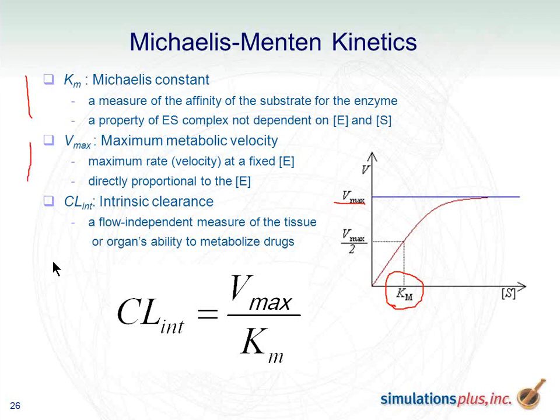Next we have the maximum velocity, Vmax, which is the maximum rate at a fixed enzyme concentration. And then finally the clearance, which is the rate of clearance per milligram of microsomal CYP, and it is simply the Vmax divided by the Km.